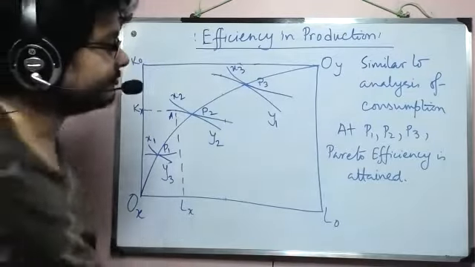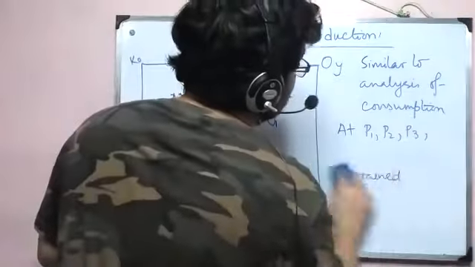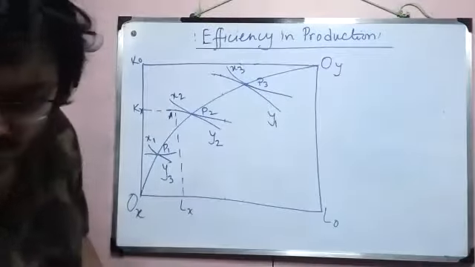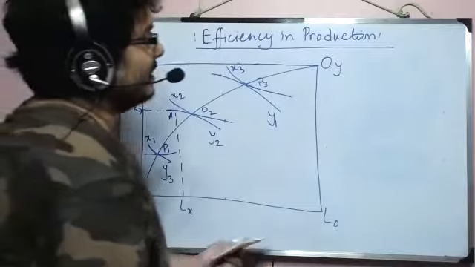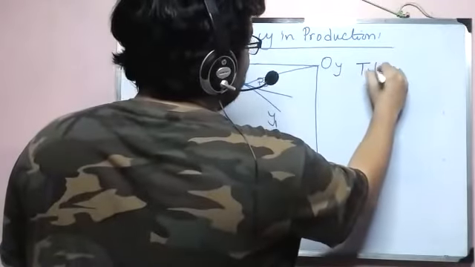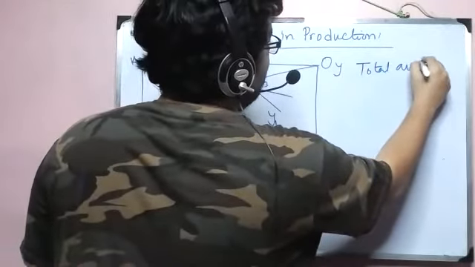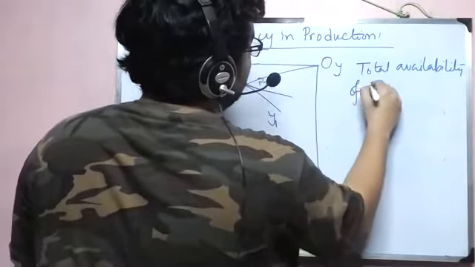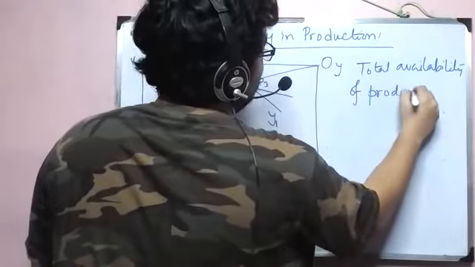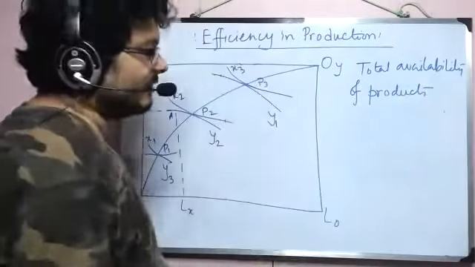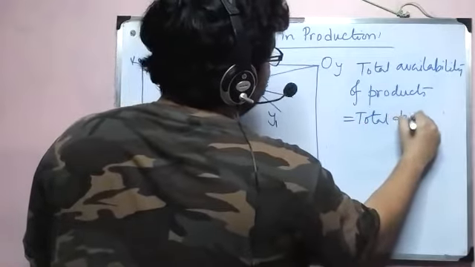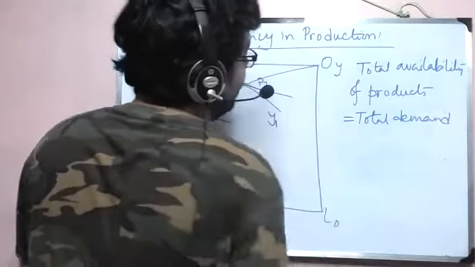Now, in the model of consumption, the role of those restrictions was played by the total availability of products, which is basically the sum of the endowments, and that has to be equal to total demand, right?